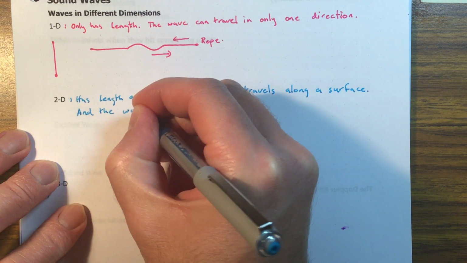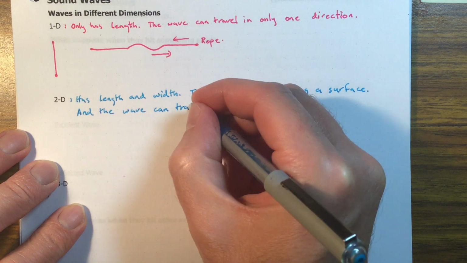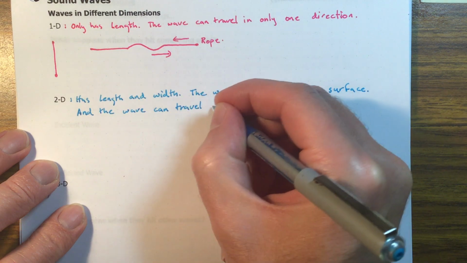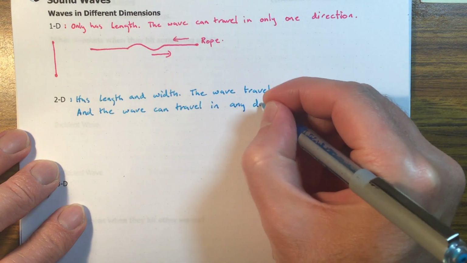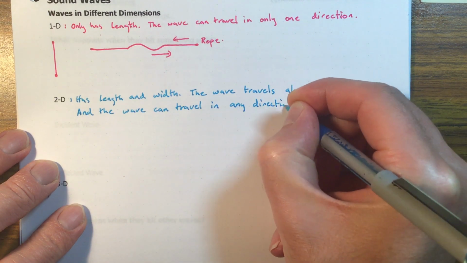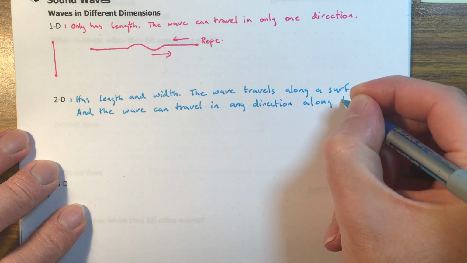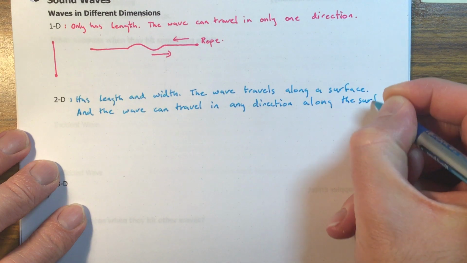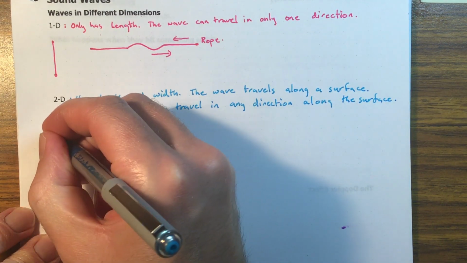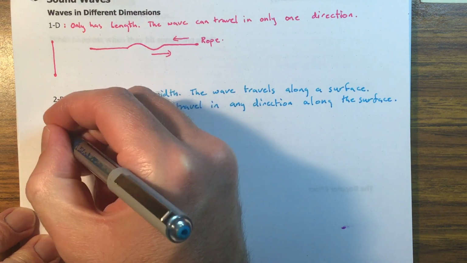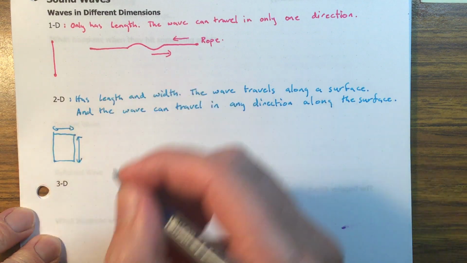And the wave can travel in any direction along the surface. So you're thinking two-dimensional is kind of like area. You've got a width and a length.